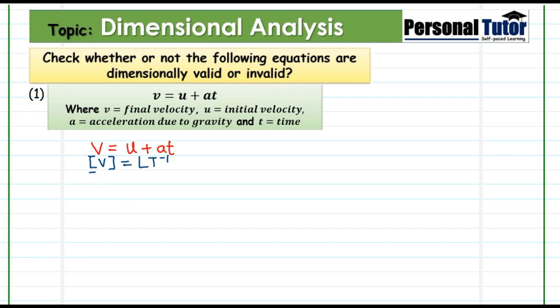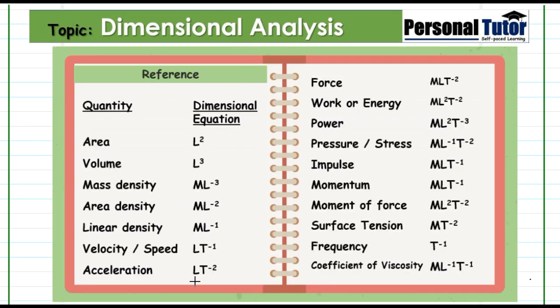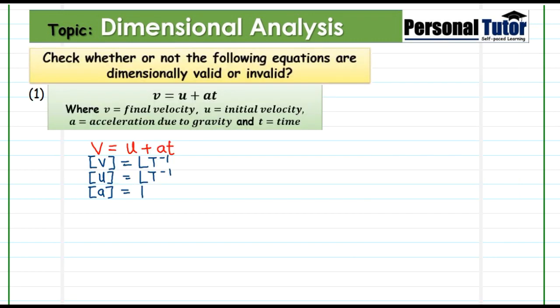The second term there is the dimension of the u, and the u is equal to initial velocity. It is also a velocity, and so LT minus 1. The next of the term is the a, which is the acceleration. Now, acceleration is LT minus 2. And that is what we also quote. Then the last of the term is the dimension of t, that is time. And it is given as a capital T.